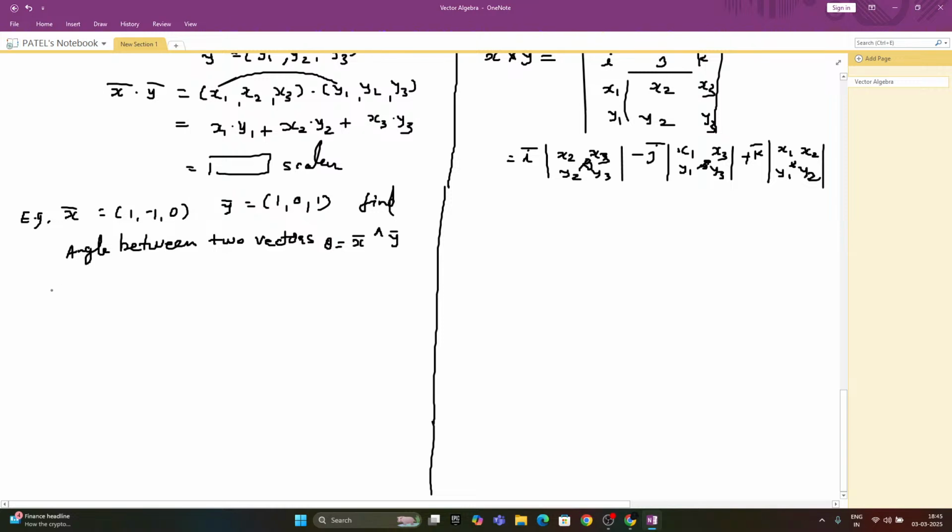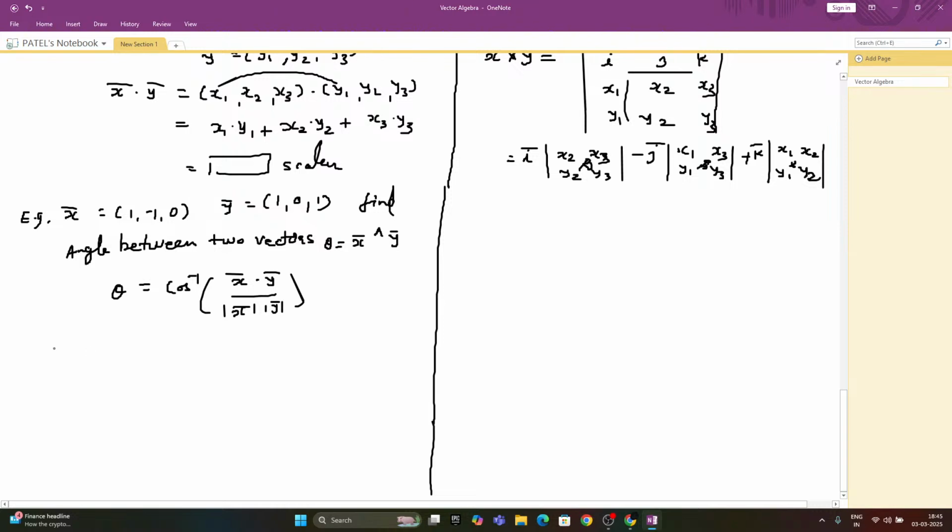So for that theta, we have one formula: theta equals cos inverse of x bar dot y bar upon mod x mod y. Okay.